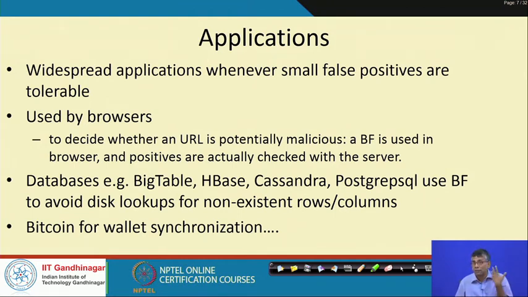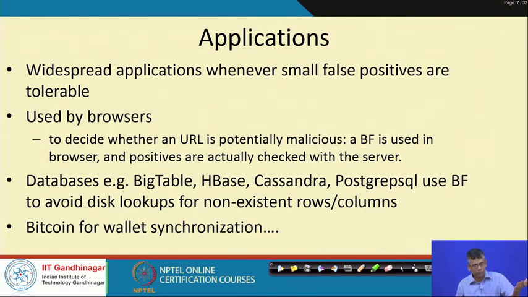But if the client side Bloom filter says yes, this is potentially malicious, because Bloom filters do not have false negatives, well, at that point Chrome sends this URL to the server and does an actual check. Because the probability of false positives is small, the number of times it is contacting the server decreases beyond the naive solution where you would be contacting the server with every potential URL, right.